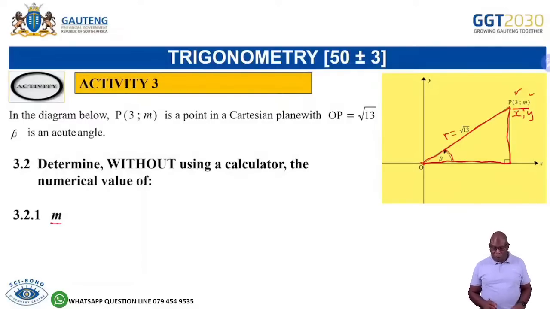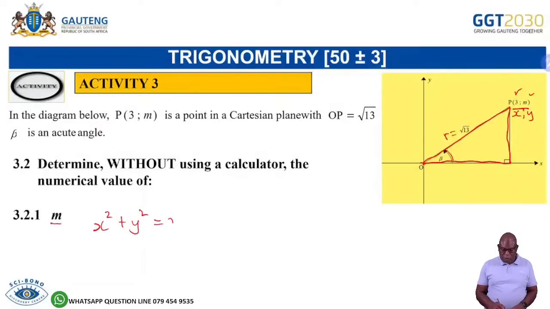So what do I do? Theorem of Pythagoras. X squared plus Y squared equals R squared. You see why we call it a Pythagoras type question? Because I'm going to use the theorem of Pythagoras. So I'll have X is 3, my Y is M, my R is square root of 13 all squared.